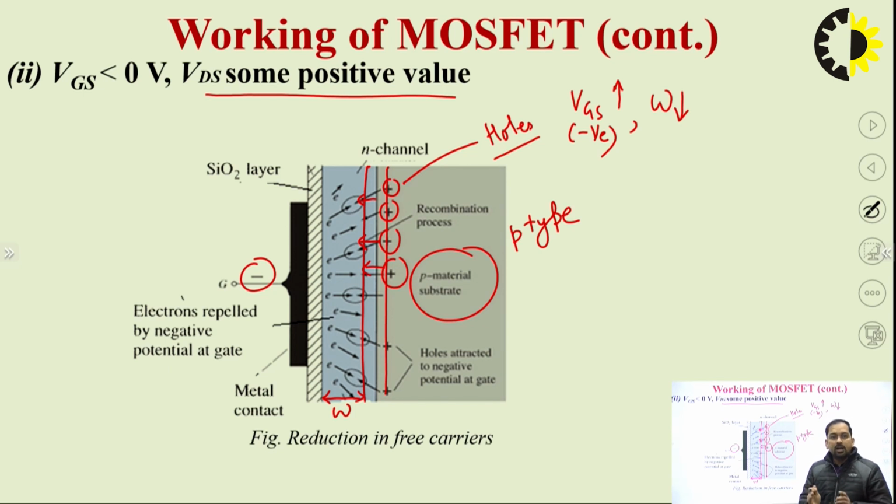If the width of the channel decreases, the current ID, which was flowing from drain to source terminal, reduces. The principle here is why it is called a depletion type MOSFET: when the gate to source voltage is negative, the width of the channel reduces. The channel gets depleted. This is the principle behind the depletion type MOSFET.